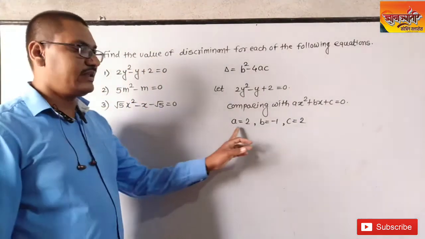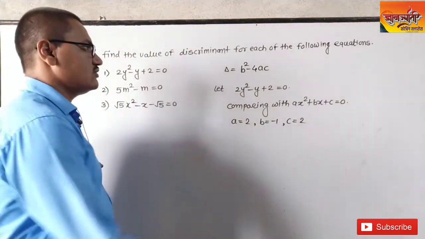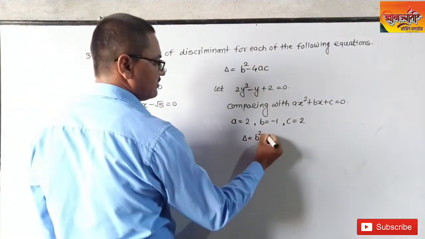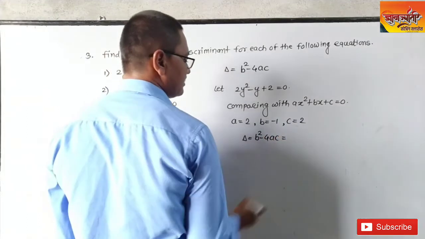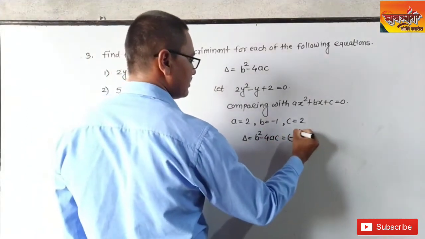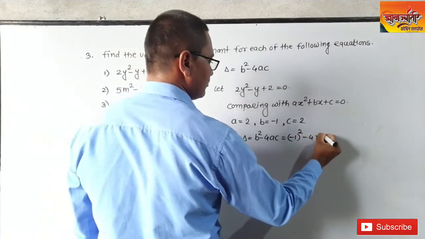Substitute these values of a, b and c in the formula, delta = b² - 4ac. Substituting the values, we get (-1)² - 4 × 2 × 2.